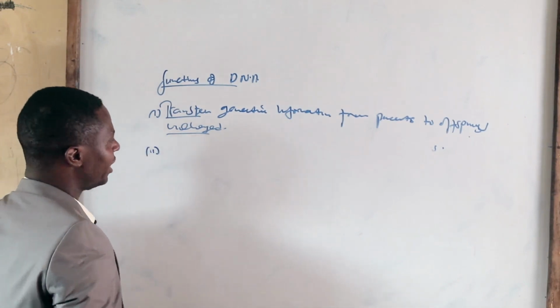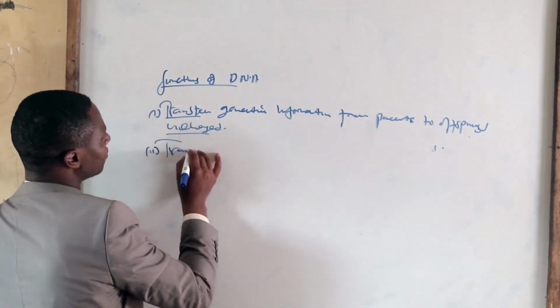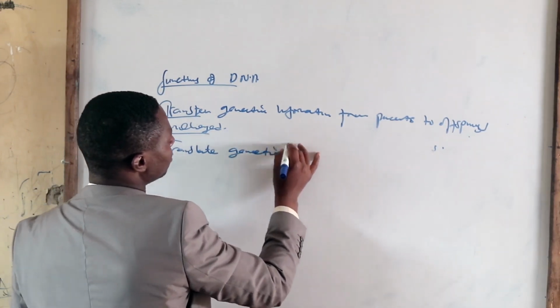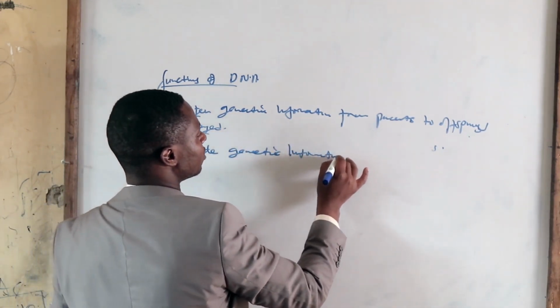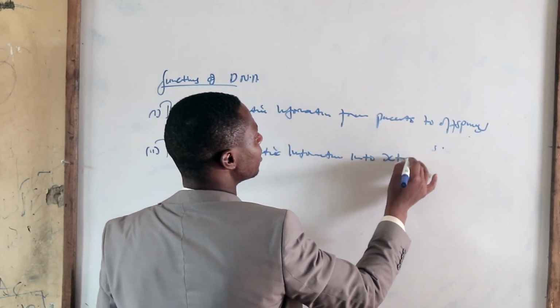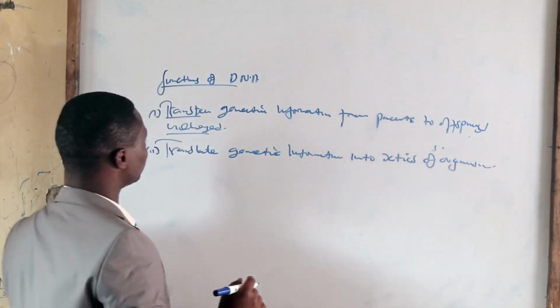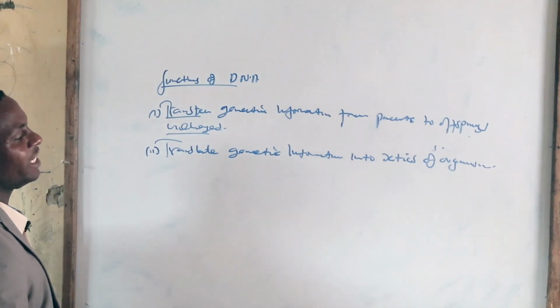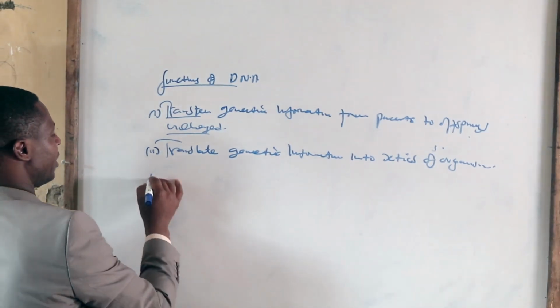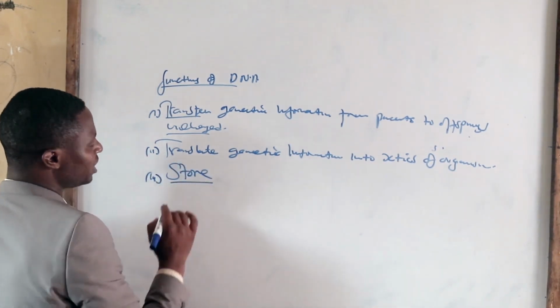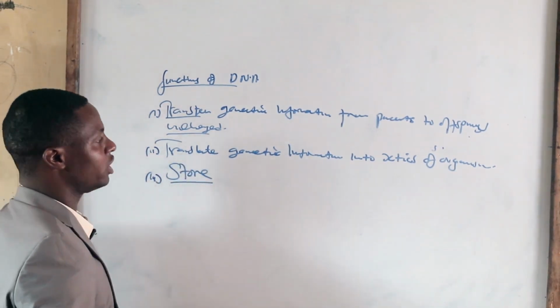Number two, it is able to translate genetic information into characteristics of the organism. And number three, it is able to store genetic information in coded form.